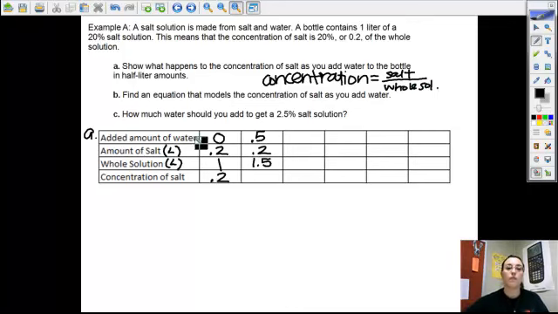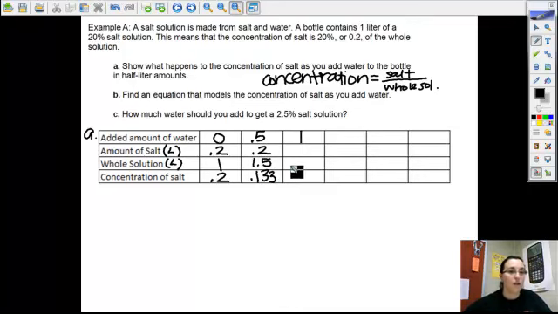So to find the concentration of salt for this problem right here, I'm going to take 0.2 divided by 1.5. It's like a percent. And that will get me, let's see, I did it over here, 0.133.